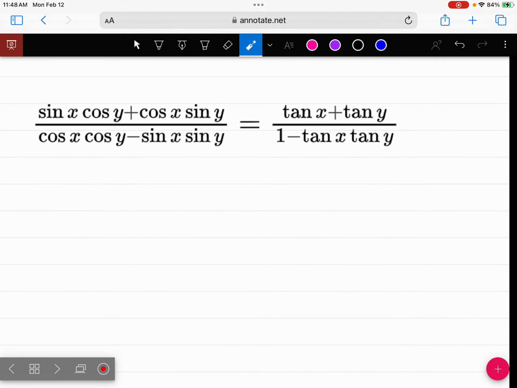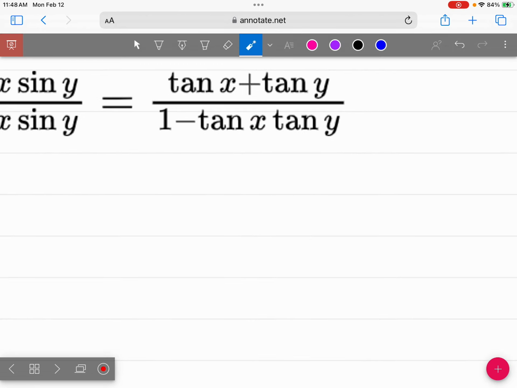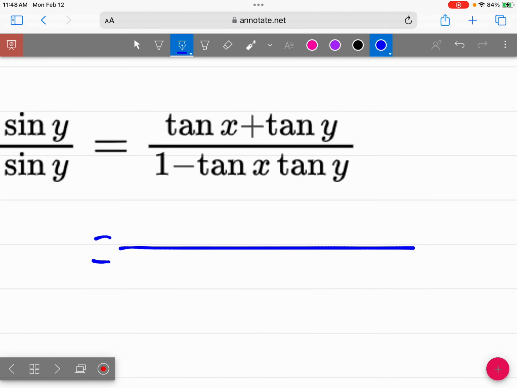So instead of playing with the longer side, I'm going to play with the side that has fractions within fractions, because then we'll be able to actually simplify things. So I'm going to rewrite my fraction, and I'm going to switch every single tangent into sine and cosine.